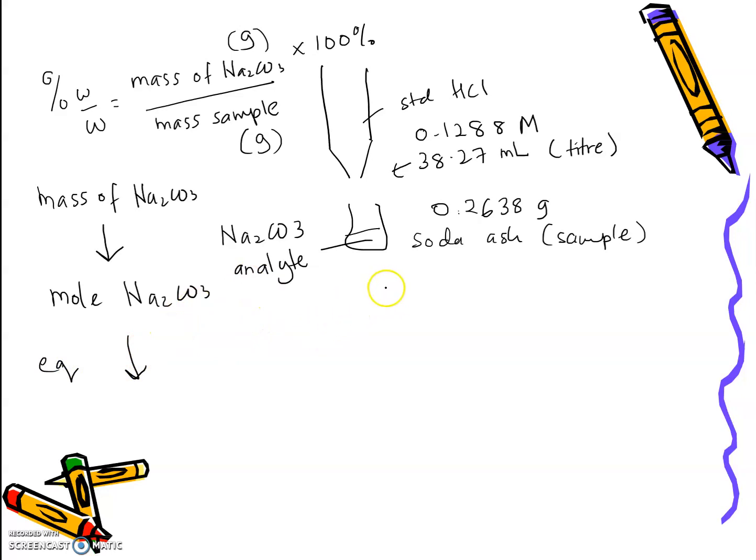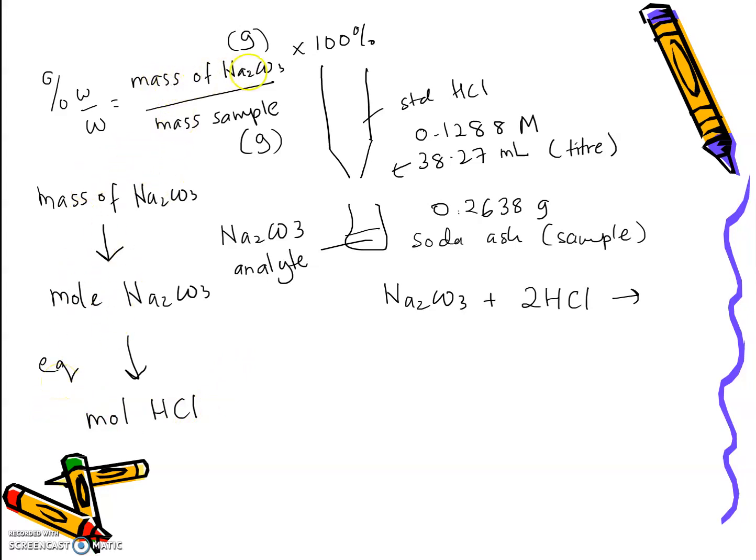Okay, the equation where sodium carbonate plus 2 mole of hydrochloric acid. Alright, so from the equation you have to know first the mole of HCl. Okay, so this is the relationship, the flow of how you want to find the answer. Okay, first you have to reverse back.